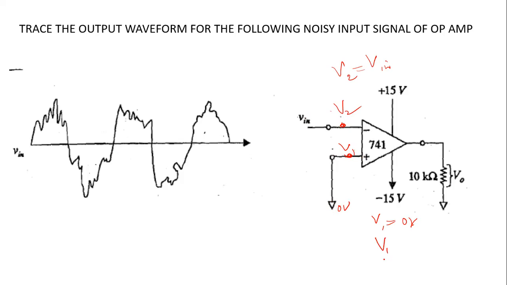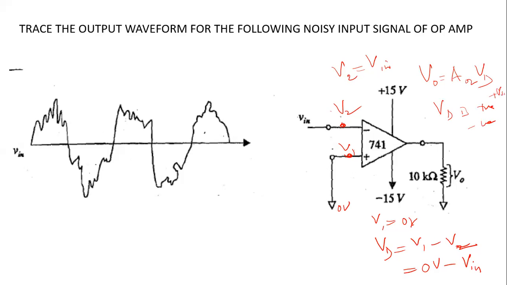So your difference voltage is equal to V1 minus V2, which is 0 volt minus Vin. And your output voltage is equal to open loop gain times your difference voltage. So depending on whether VD is positive or negative, your output signal will go to either positive VSAT or negative VSAT.